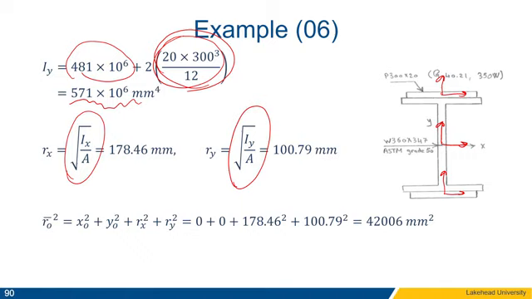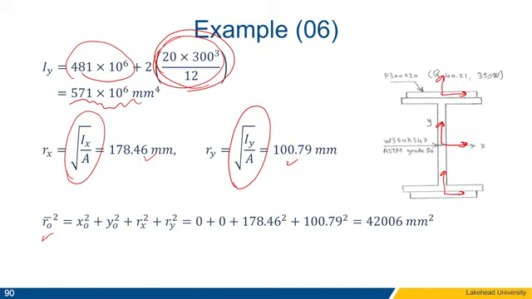So you'll just have the inertia divided by the combined area, and you will update the R naught bar squared, because it is literally the addition of the squares of the 2: Rx squared plus Ry squared. Okay? Once we have made this, which is the hardest part of this example, is just to find the properties of the built-up section. Everything else is almost identical to the previous example.